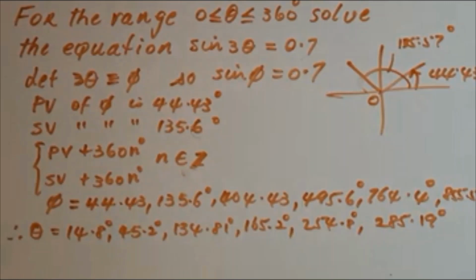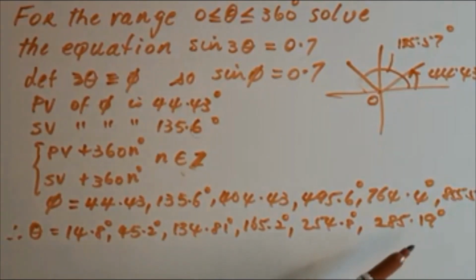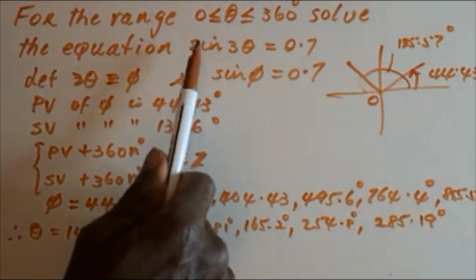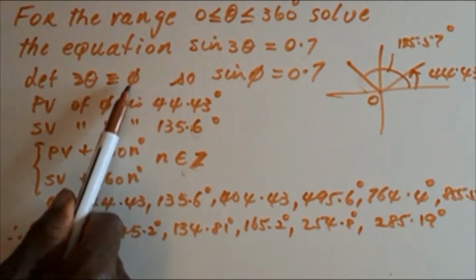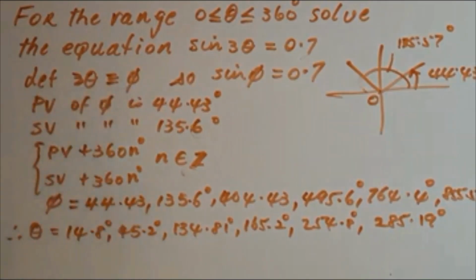This is just a case of substituting values of n and checking that you lie within the range of 0 to 360 degrees. Remembering also that phi we substituted here, 3 theta being identical to phi. So when we have our values of phi, we need to find a third of each one of these values to get our values of theta.